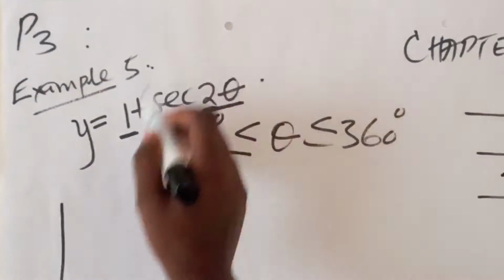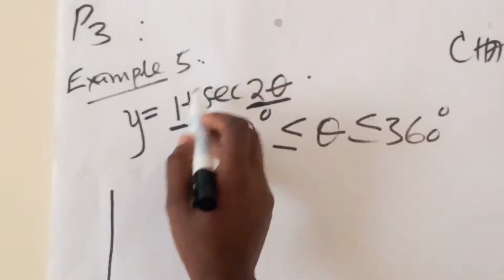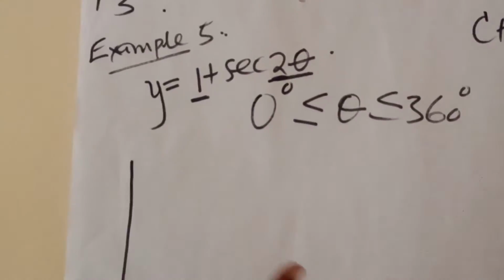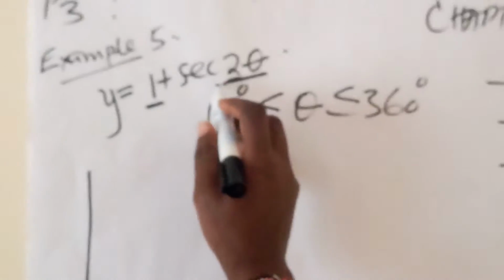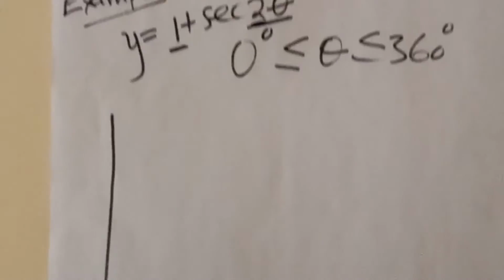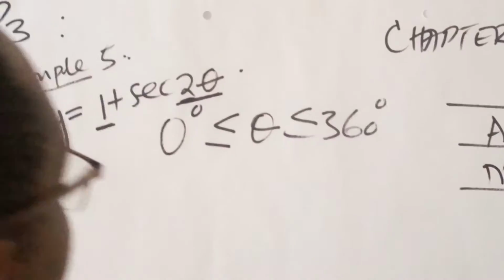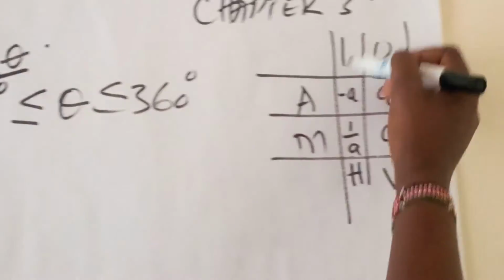But before we get to that asymptote, let us consider y equals sec theta to y equals sec 2 theta. And what do we see there? We see a multiplication inside.